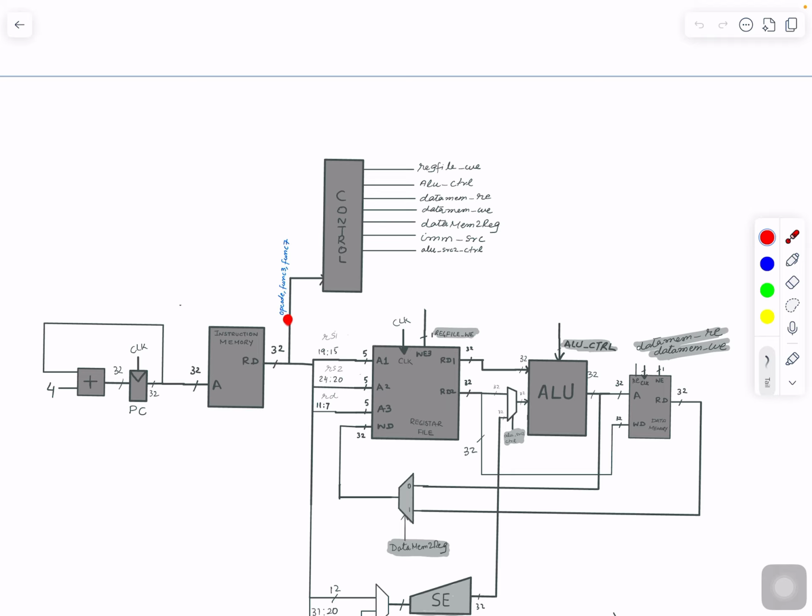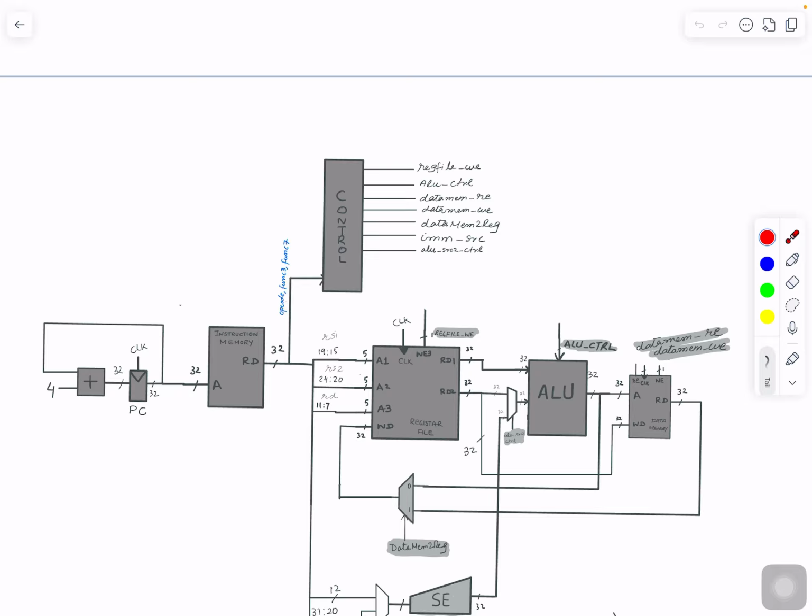What I'm showing here with the arrow is that the controller takes the opcode, 7 bits, func3, 3 bits, and func7, those 7 bits.